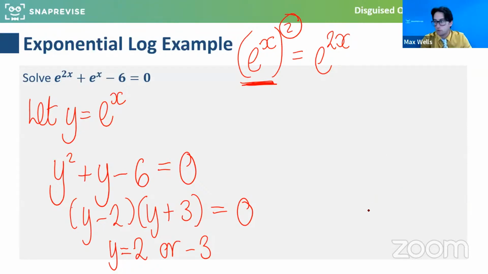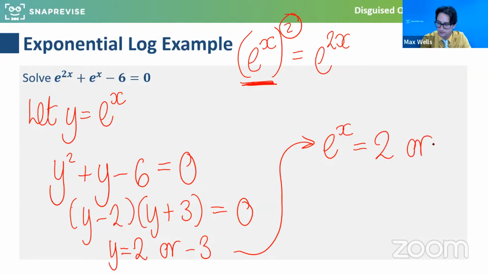Now that isn't, of course, the final answer, because we now know that that tells us e to the x is equal to 2 or minus 3. Right. So any interesting comments here? Because we still haven't fully solved for x, but you guys might have observed something here that's worth pointing out, because we're dealing with a much bigger idea now.